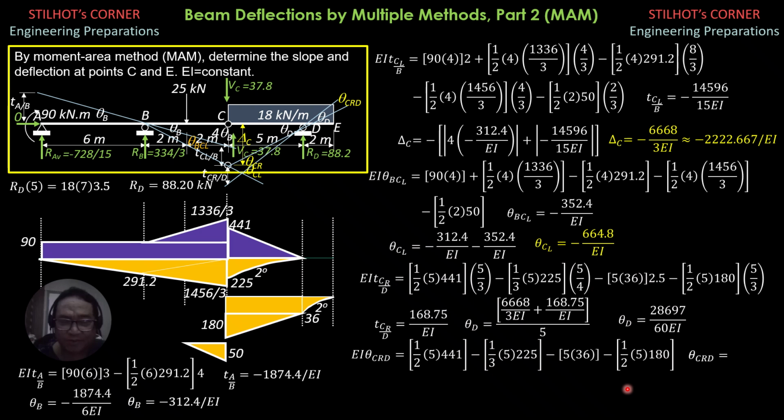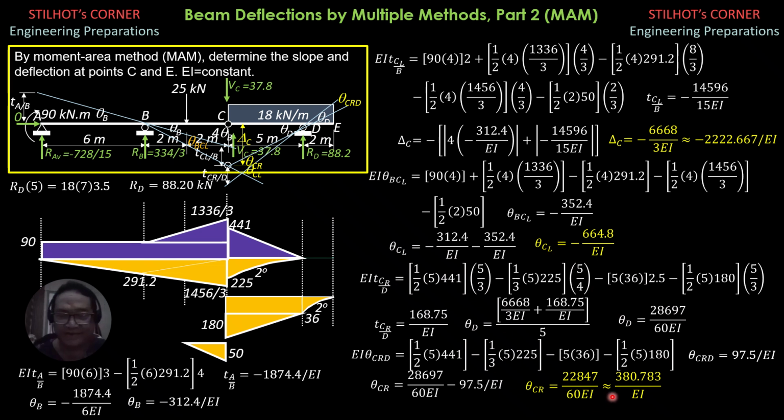And it is equal to 97.5 over EI. Finally, theta C right is the absolute value of theta D minus the absolute value of theta CRD. So 28697 over 60, that's theta D, then minus 97.5, and theta C right is 22847 over 60 EI, or 380.783 over EI, which is the same answer as before.